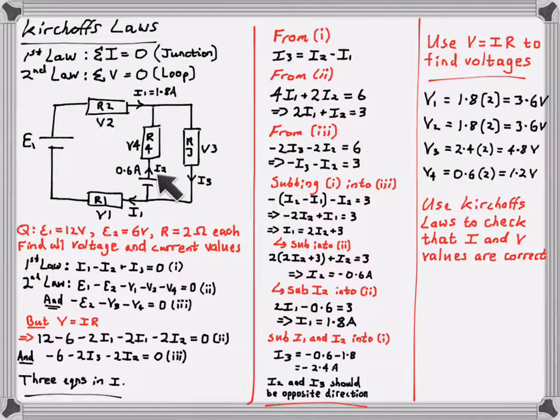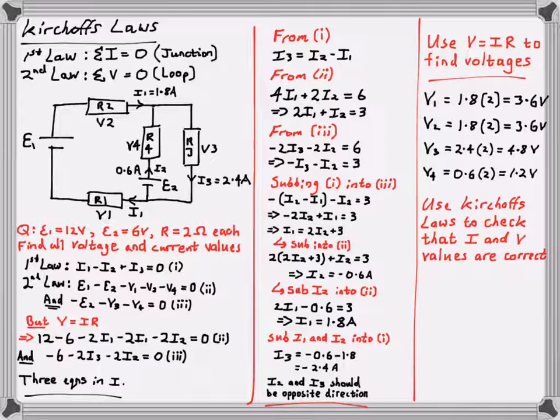So when we get our current values, we're interested in the magnitude of the current. The positive or negative sign tells us whether our direction was correct or not. So this is current heading towards the junction, so it has to be positive. And my final current value, I3, is going to be 2.4 amps. Same thing again. I said it was negative down here, but I accounted for that when I changed this direction here.